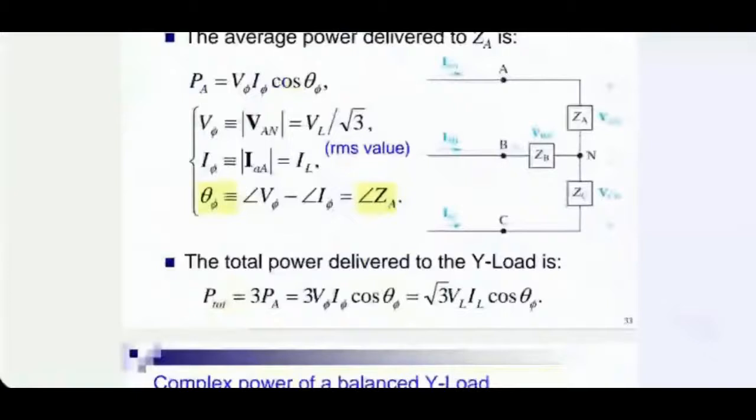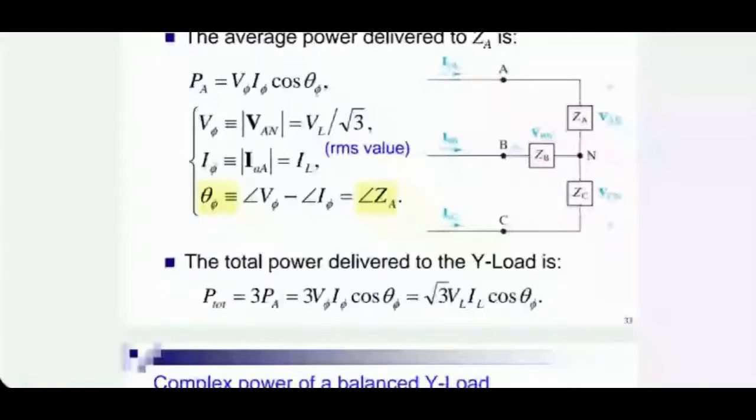That formula, I'll see in my notes also, I think I have proven it. That formula for total power delivered in a balanced YY system turns out to be square root of 3 times line voltage multiplied by line current multiplied by cos phi. They are calling it theta, I call it phi, the load angle.